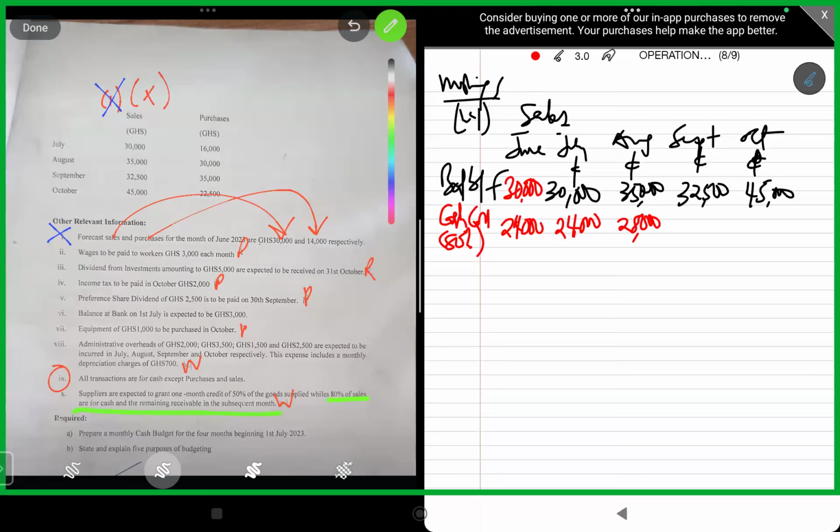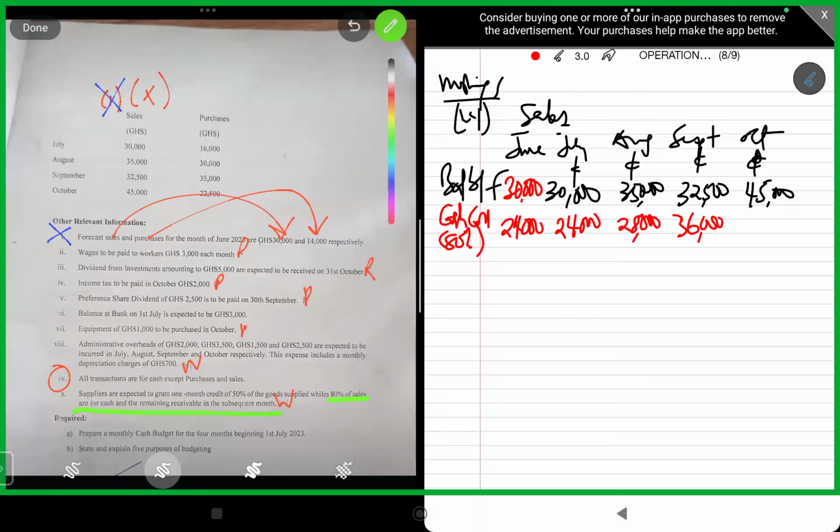September is 32,500, that is 26,000. Are you finding the 80%? How are you doing it on a calculator? 80 over 100 times the amount, 80 over 100 times 32,500.